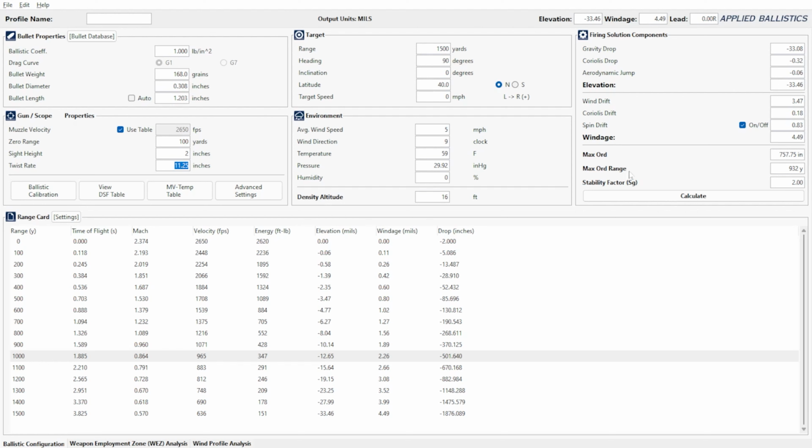And it does help us, this software, because over here in the stability factor on the outputs, it actually tells us a stability factor for our projectile, tells us if it's stable in that twist rate of barrel. So we can see here we've got a stability factor of 2. Now, a stability factor above 1.5 suggests that your projectile is being perfectly well stabilized and you're not going to see any loss in BC.